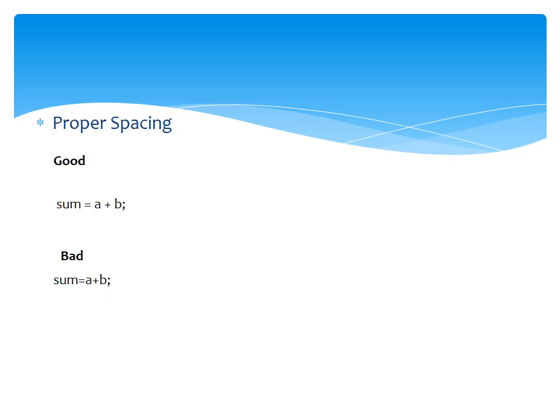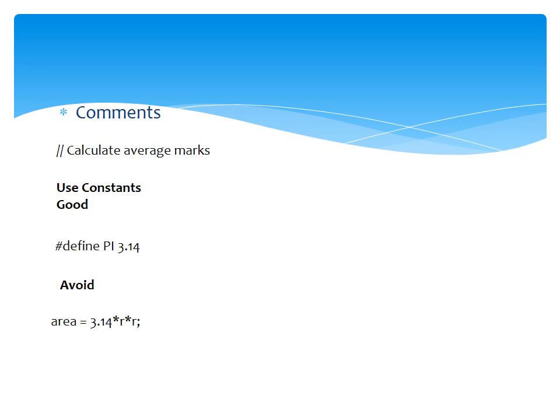And proper spacing: sum is equal to a plus b, while there is no spacing in the other example, which is bad. You can see the comment, calculate average marks. Then, hash define PI 3.14, this is right.